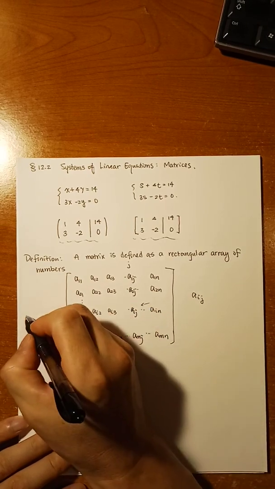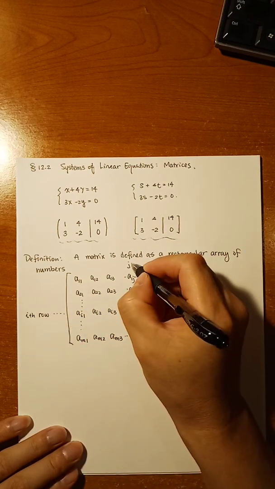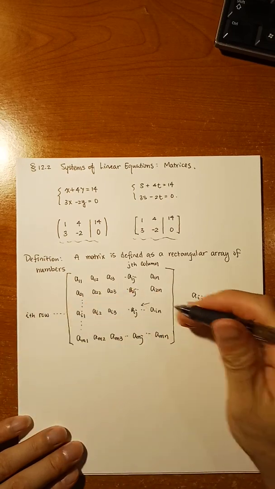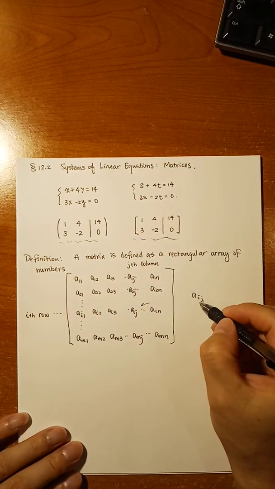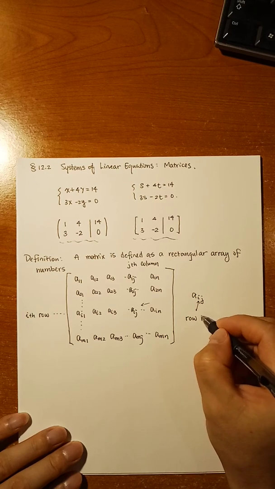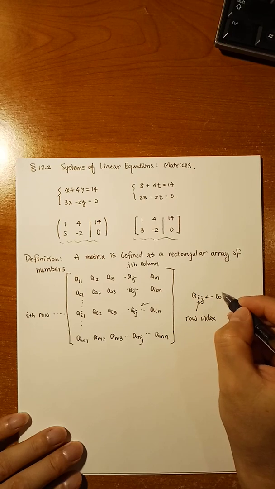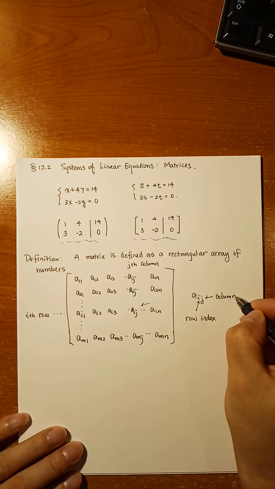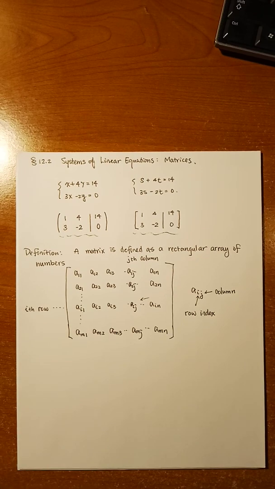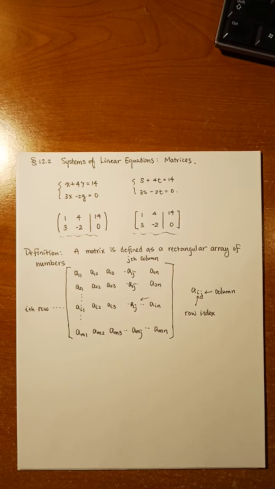So this is the ith row. This is the jth column. ith row, jth column. The first one, i, is a row index. This j is a column index. Every number has two indices. It has a row index and a column index.